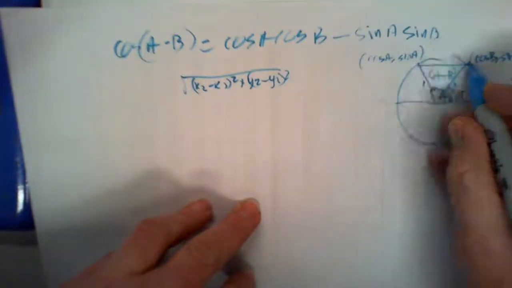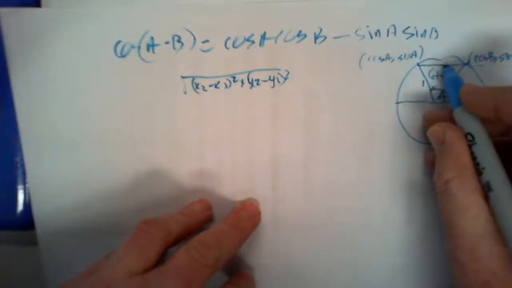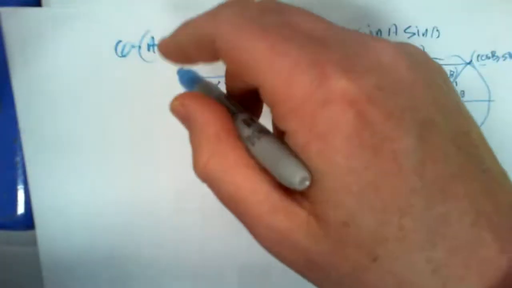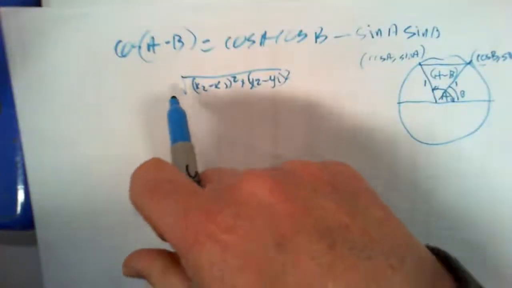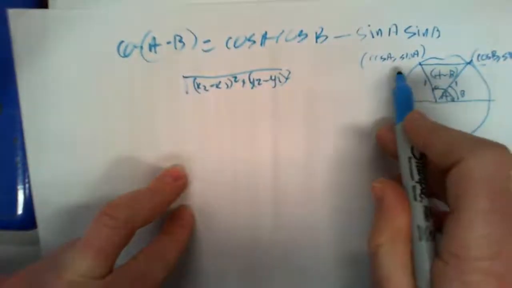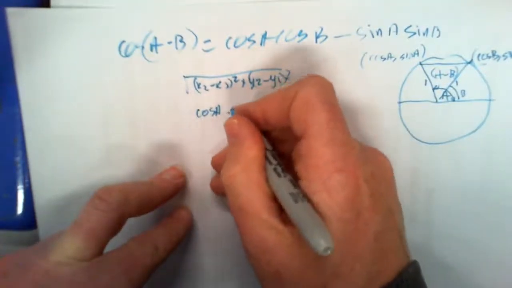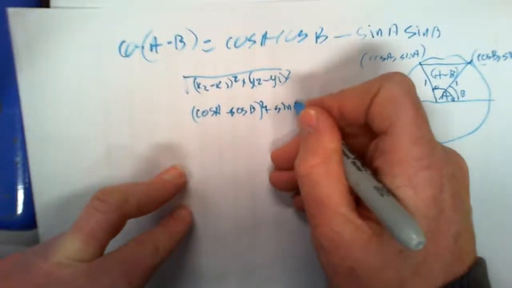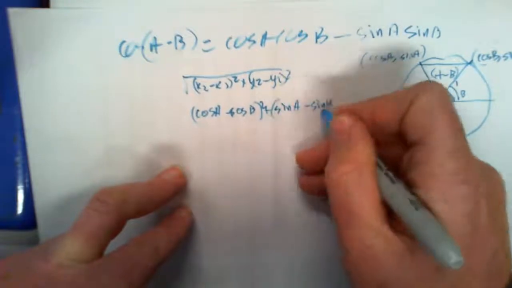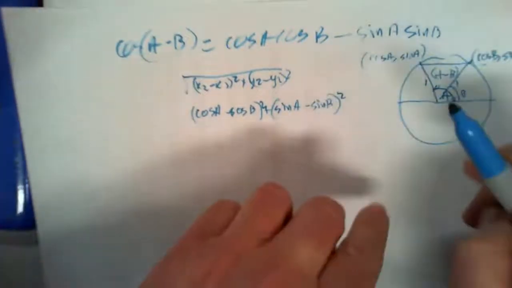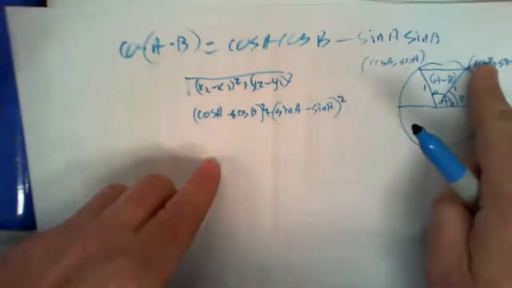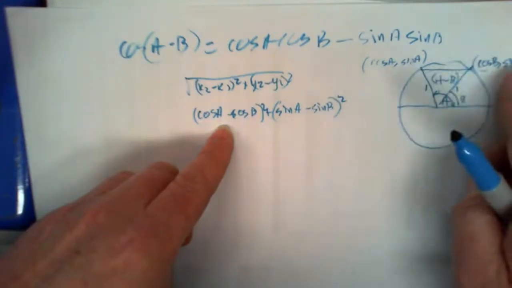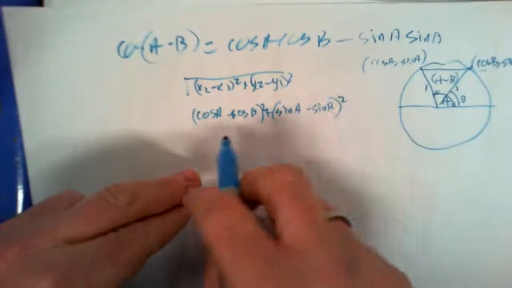That's going to be equal to the square root of (cos A minus cos B) squared plus (sine A minus sine B) squared. So that's x1, y1, x2, y2. That one is done.